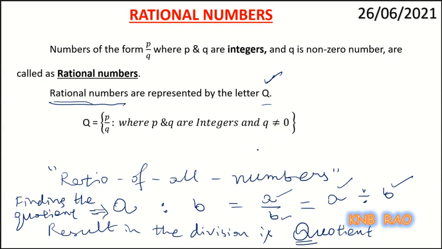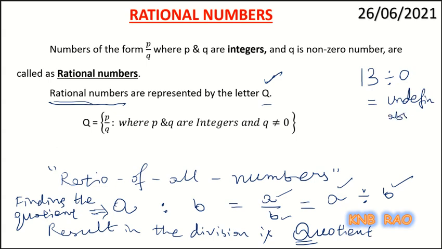Now, the question comes, when the denominator Q becomes 0, what happens? You know, children, any number, let us say 13 divided by 0, when you do it, you are getting undefinable.